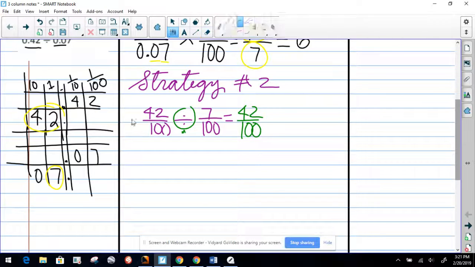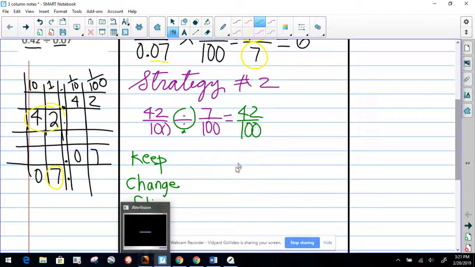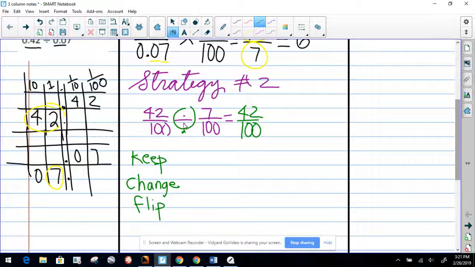It's going to be keep, change, and you flip the last one. So we're going to keep the 42 hundredths. We're going to change the division symbol for the multiplication symbol, and we're going to flip the last fraction. It's going to be 100 over 7.